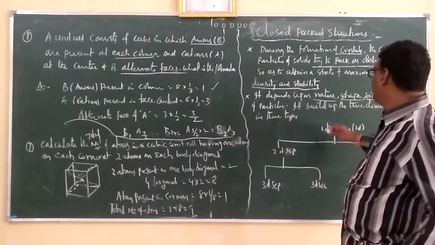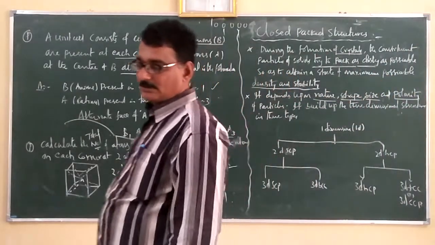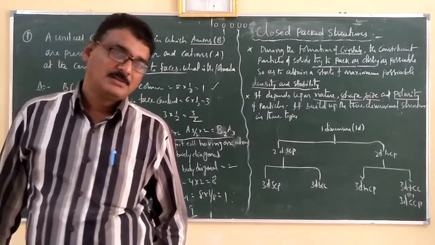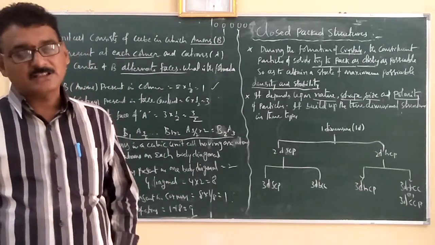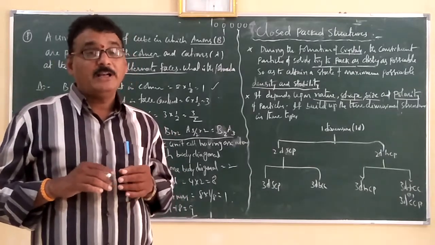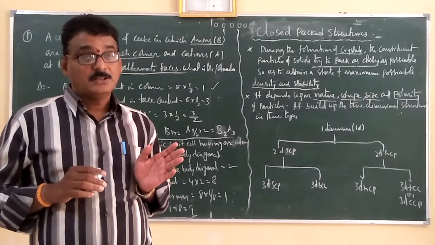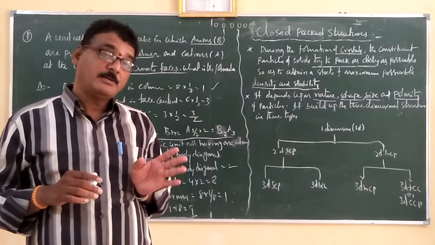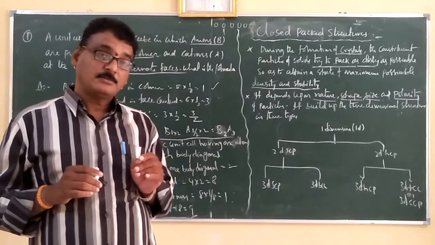If it builds up three-dimensional structures, they are divided into three types. Generally, a cube means three-dimensional: X-axis, Y-axis, Z-axis. Once you know what three-dimensional means, you know what one-dimensional and two-dimensional mean. A simple cube is three-dimensional, and face-centered cubic is also three-dimensional.